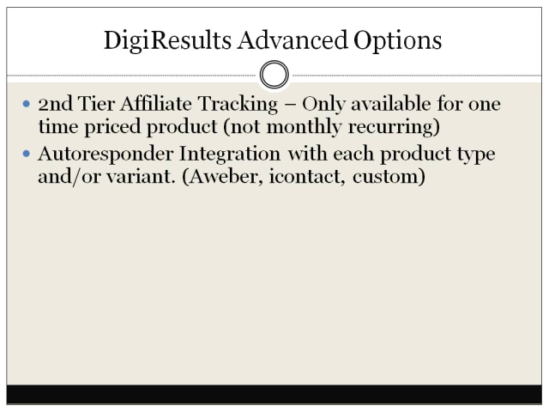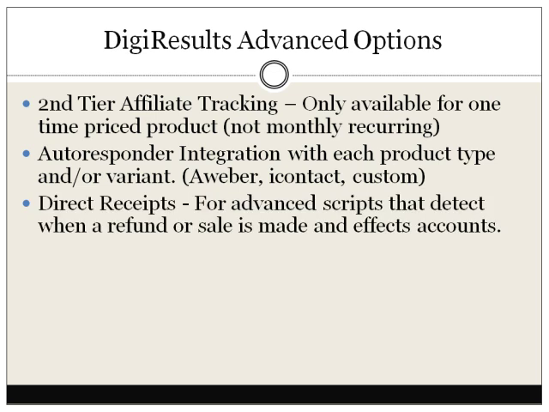This is not available for any type of recurring monthly product. Then we have autoresponder integrations for each product type or variant. In other words, every time somebody buys the product, you can add them to a list. Direct receipts, this is an advanced option for advanced scripts that detect when a refund or sale is made and affects some sort of account creation process.